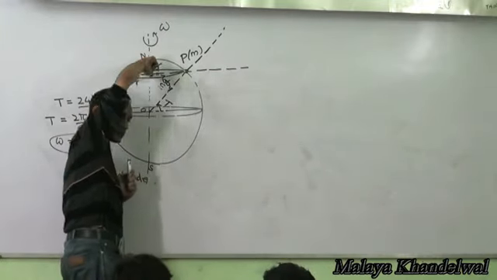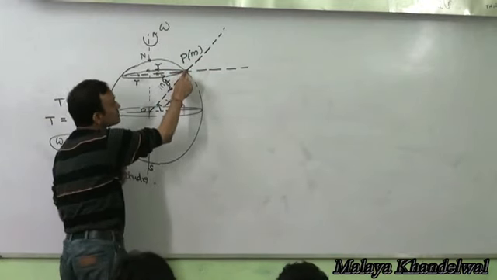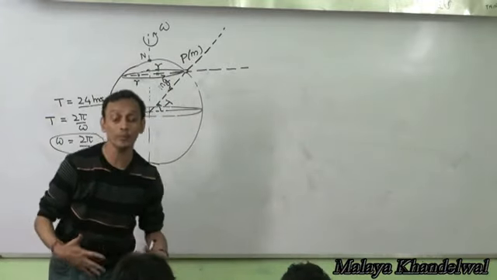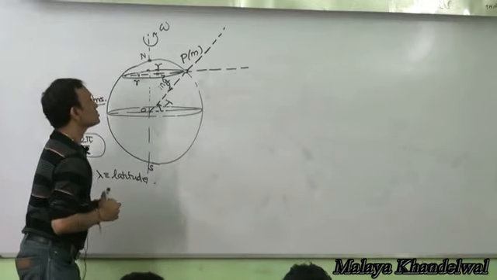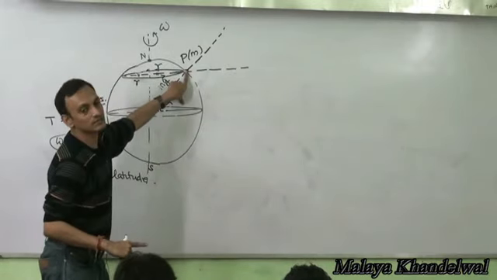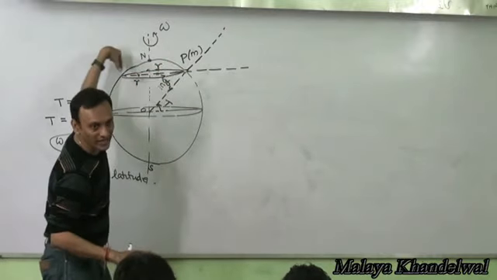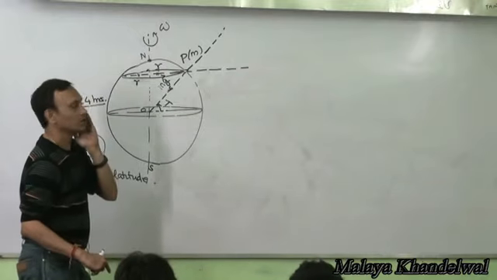That means the angular speed of the Earth is the same as the angular velocity of the point P in its own circle. Yes or no? They have the same omega, right? So this point P is moving in a circle of radius small r with an angular speed omega, given by these many radians per second.